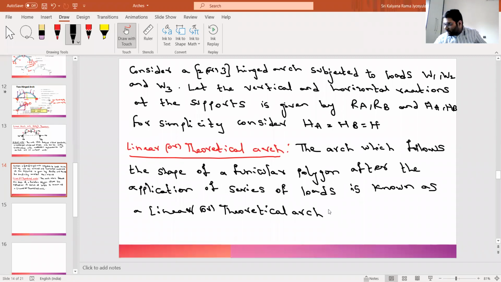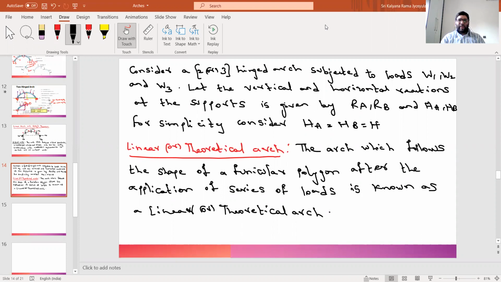So what is that understanding? There is an arch. The moment we try to apply the load, what will happen? It will take some shape because it will act as a pin at every point. So the shape that we are going to get after the application of series of loads is actually a funicular polygon.